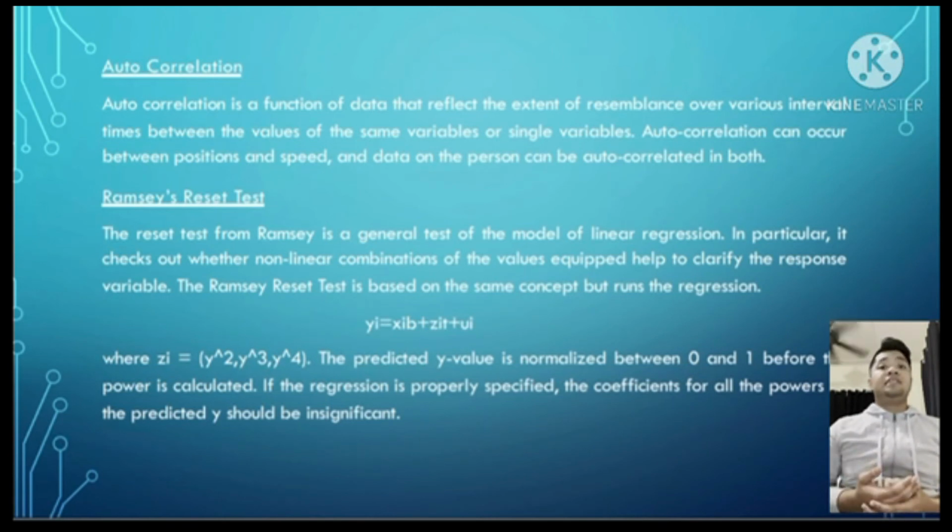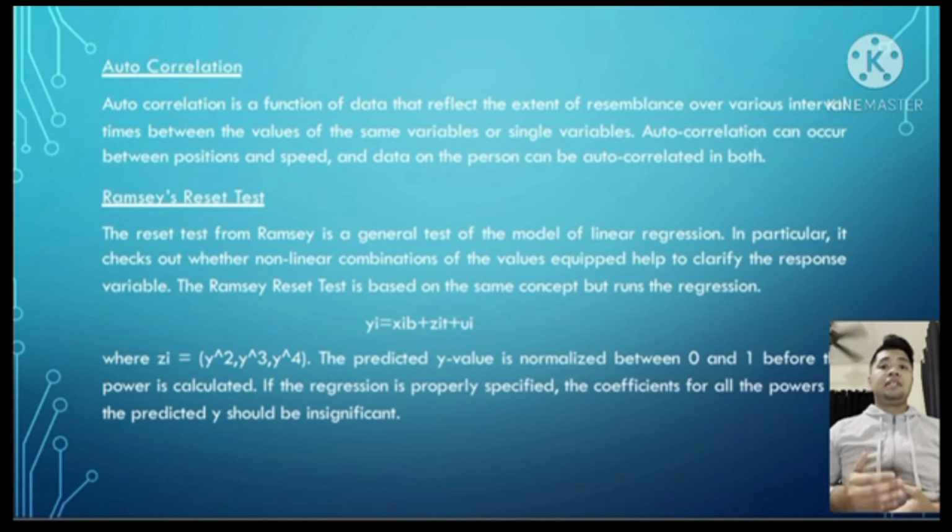For the Ramsey reset test, the reset test from Ramsey is a general test of the linear regression model. In particular, it checks whether non-linear combinations of the fitted values help to explain the response variable.